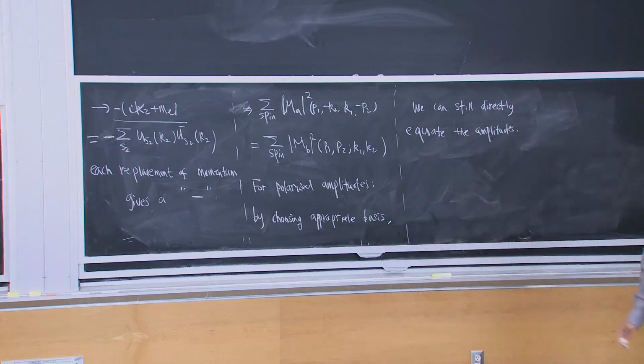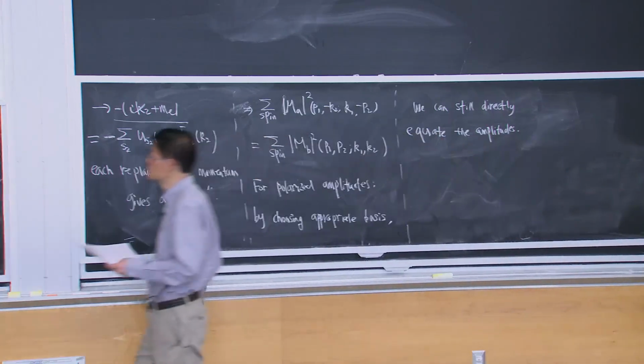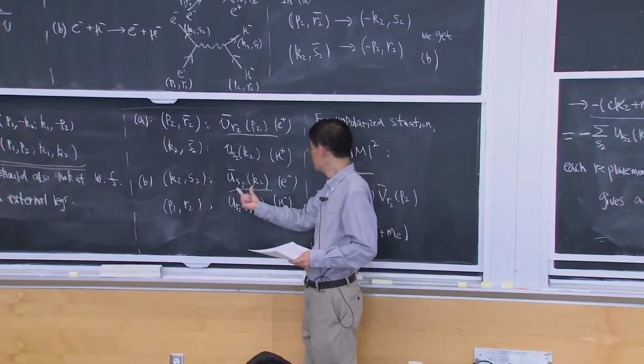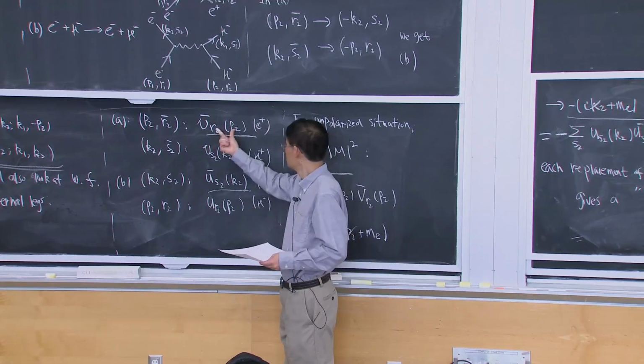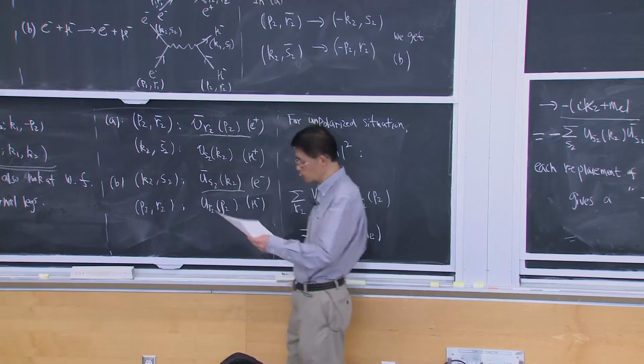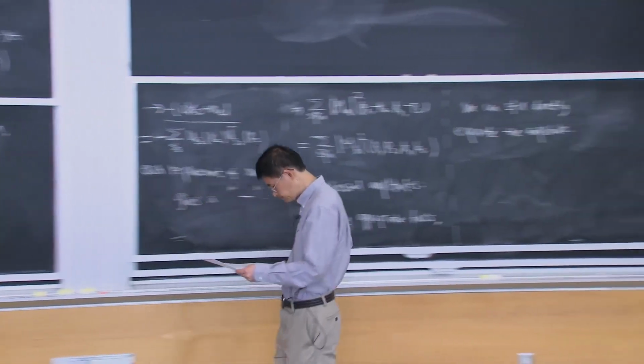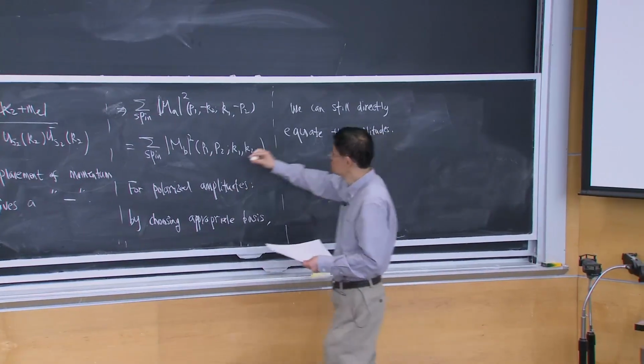I will not go into that, but it's possible. Say you choose a basis of V and U, and then somehow you can relate them to each other.